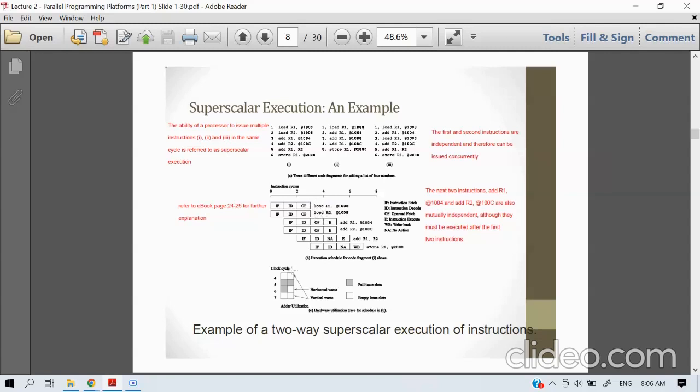That's why, as you can see, the white color is an empty issue slot, because there is no operation being held here.